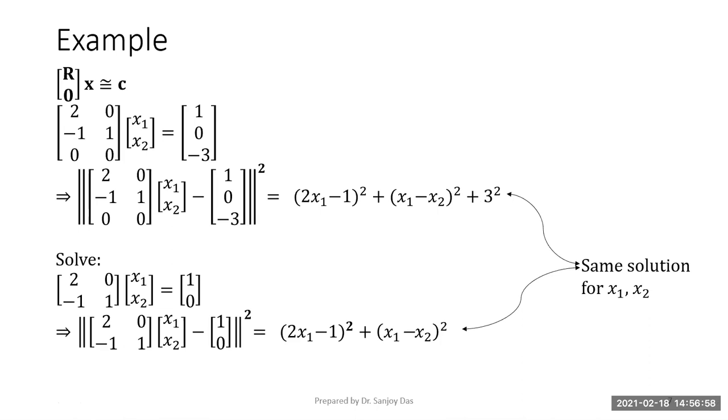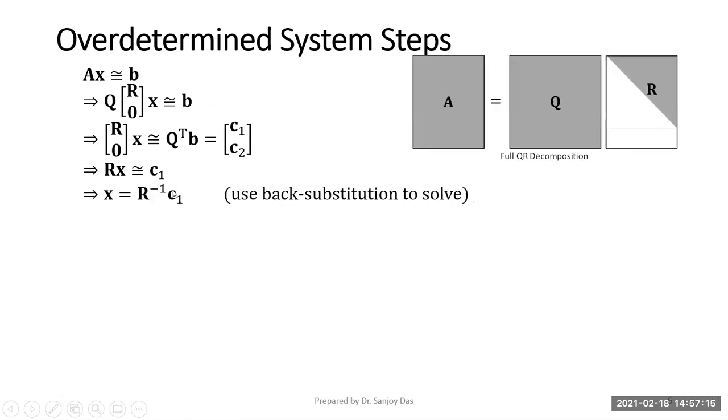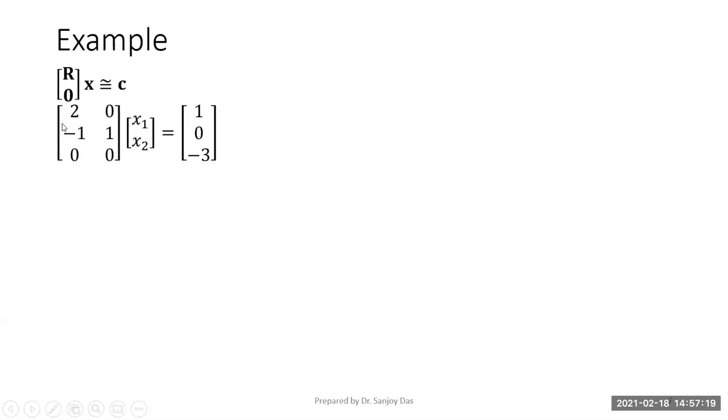So this is why, if you go back here, I can effectively ignore this 0x and C2 here, these rows, and solve for Rx equal to C1. Instead of doing the whole thing, I can drop this last row, 0, 0 from this side and negative 3 from this side.